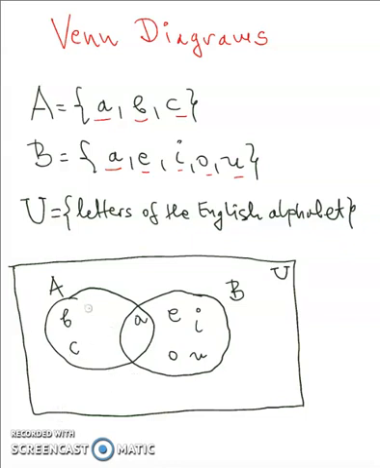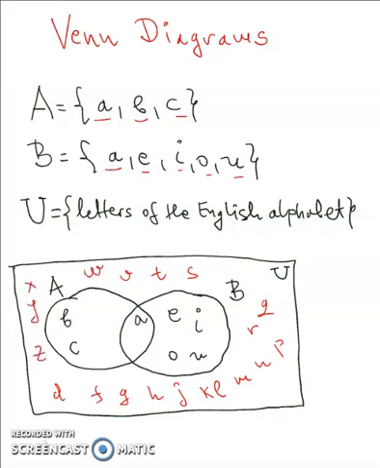So A is already here, B is here, C is here, so D, E is in B, F, G, H, I, J, K, L, M, N, O belongs to B, P, Q, R, S, T, V, W, X, Y, Z. And that's it.